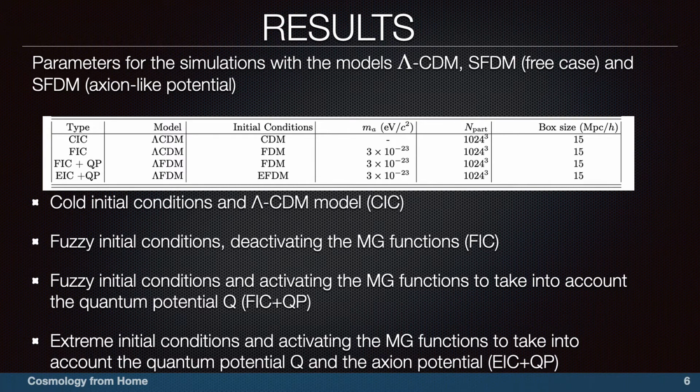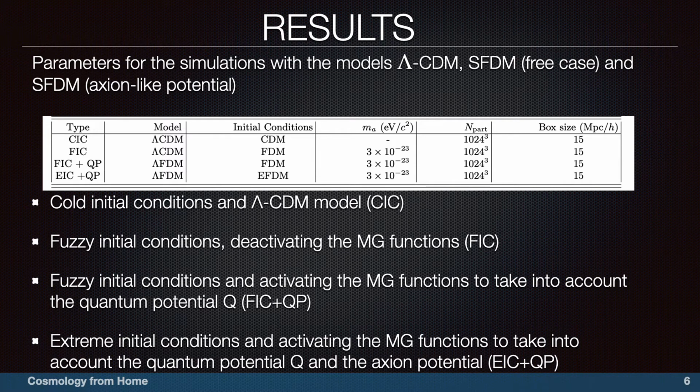And finally, the EIC plus QP simulation corresponds to the extreme case with an axion-like potential encoded in the parameter λ equal to 8 to the 4, and with modified gravity functions active to take into account the quantum potential too.